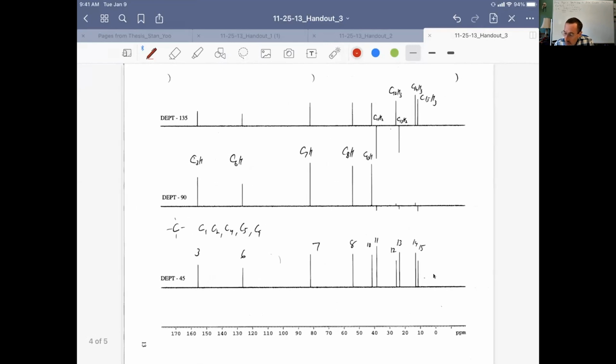So I went through and was able to pick out what the methyl groups are. We have 3 methyls, C12, C14, and C15. We have a couple of methylene groups, C11 and C13. And then we have a bunch of methines in there: 3, 6, 7, 8, and 10 are methines.